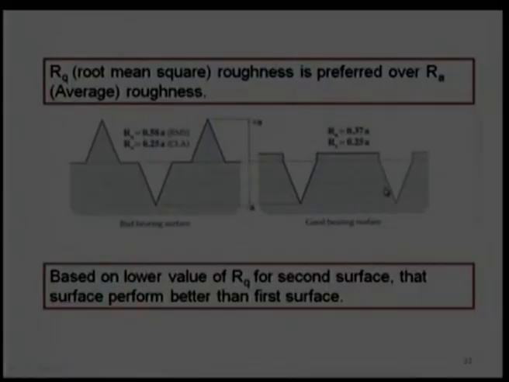So, in that case, these valleys will act as a dustbin. If particle debris is generated, it will get dumped in the valleys. It will not stay between the two surfaces for a longer time. That is beneficial for us. So, in short, we can say this right hand side surface performs better from a lubricant storage point of view and for removing debris from the contacting surface.